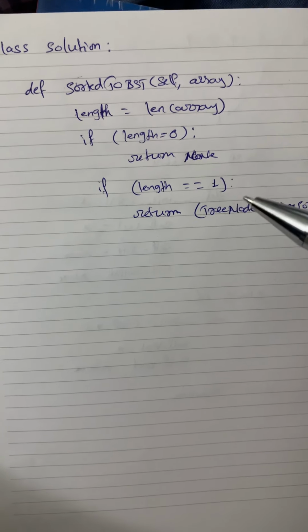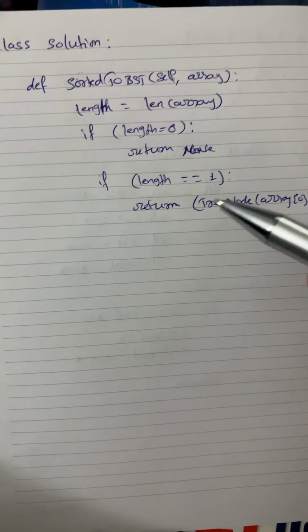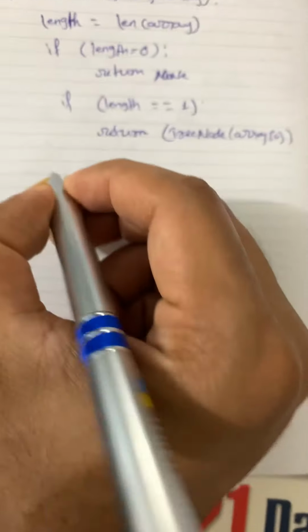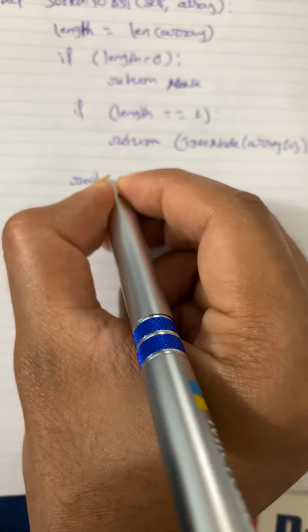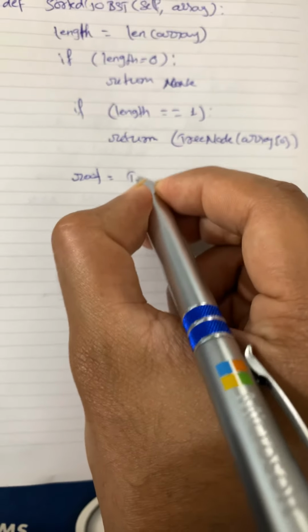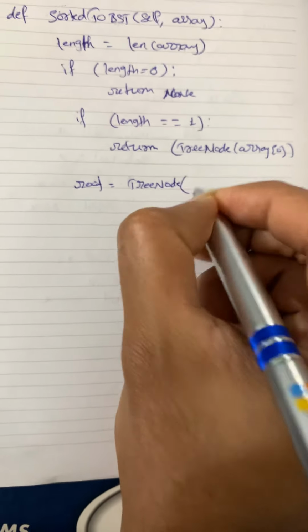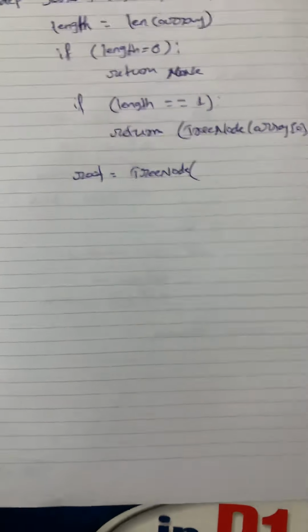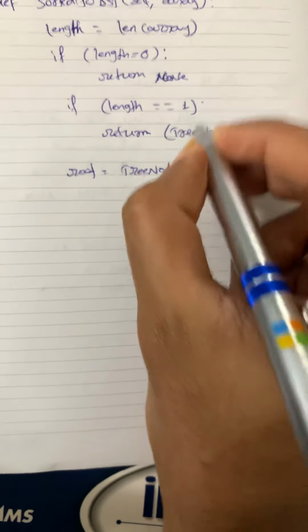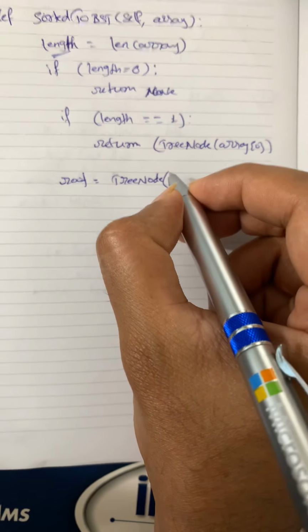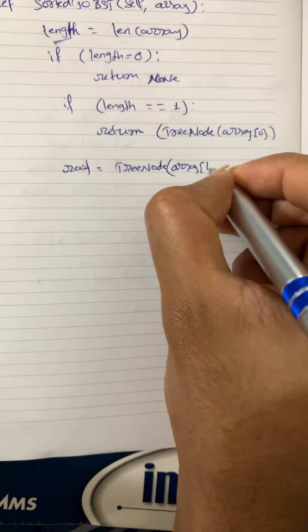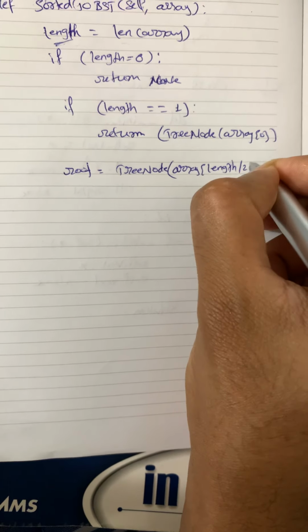Now we need to make the root, with the leaves and the main value and the left and right. For that we take a variable, root, equal to the node class, and then we use length by 2. We're just taking a midpoint, so it is array of length by 2.